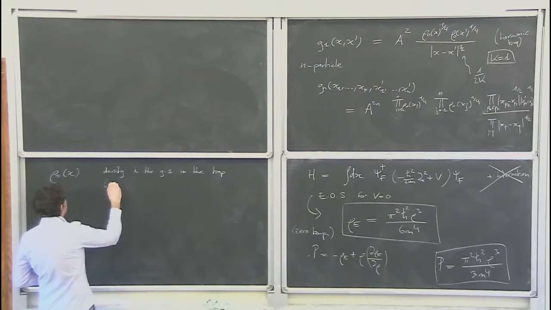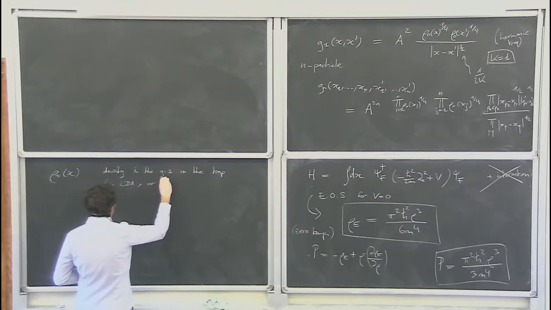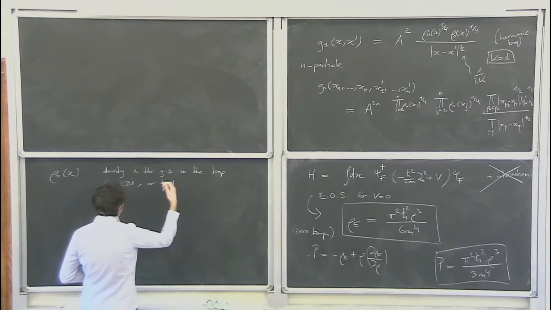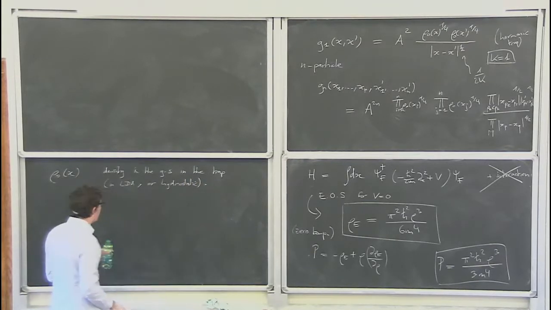And again, in the local density approximation, or hydrostatic, the underlying assumption is always that there is this separation of scales.